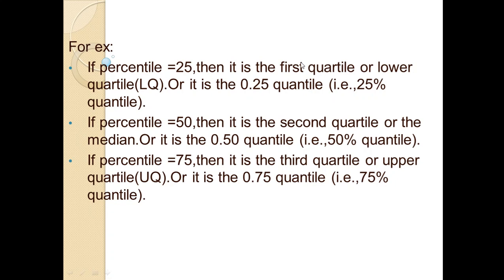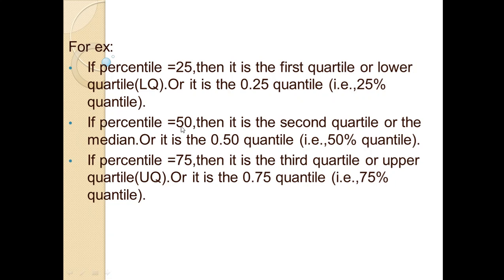Which one is known as the first quartile? If it is 25%, or it is the 0.25 quantile, or you can say it is the 25% quantile. So there are three names: if the percentile is 25, then it is known as lower quartile or first quartile, or 0.25 quantile, as well as 25% quantile.